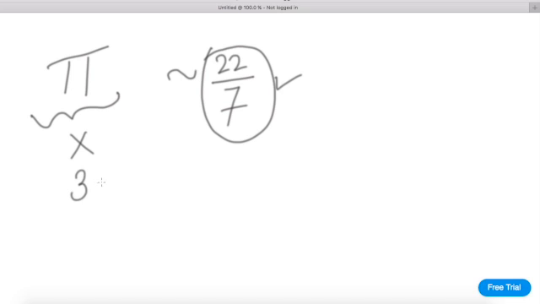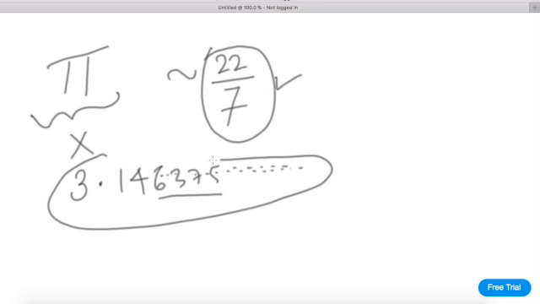Because pi is written as 3.14 and it goes on, some infinite numbers. So it could be 3.146375 and so on. It's just an approximation, so I would not know these numbers right now, but any calculator would tell us. What I want to tell is that this number cannot be expressed in the form of P by Q.